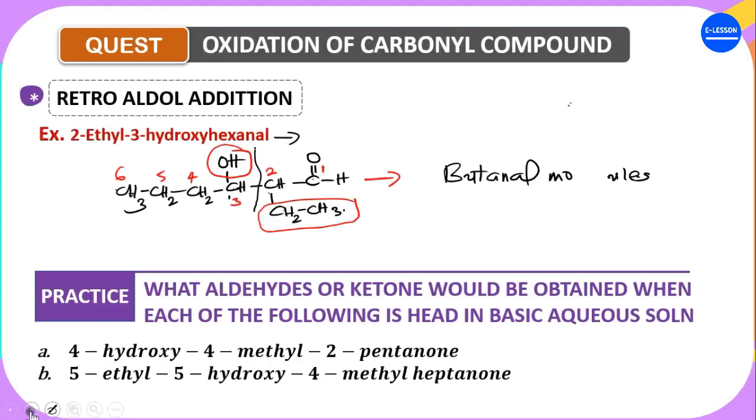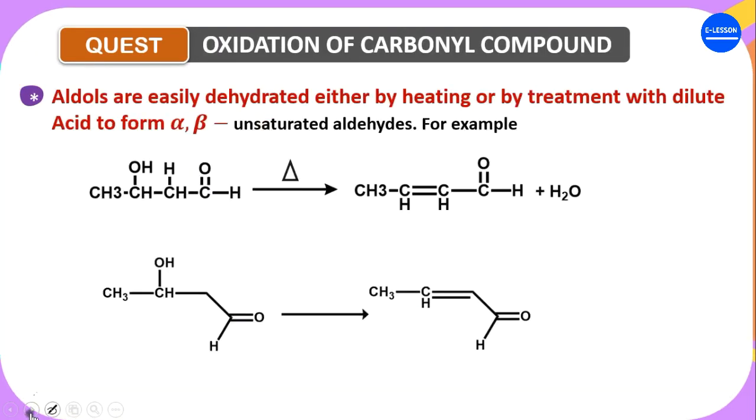Now, the last thing that we need to know here is that this product of the Aldol condensation reaction can easily be dehydrated, either by heating or treatment with dilute acid, to form an alpha beta unsaturated aldehyde. Now, this kind of reaction is what we call an elimination reaction.